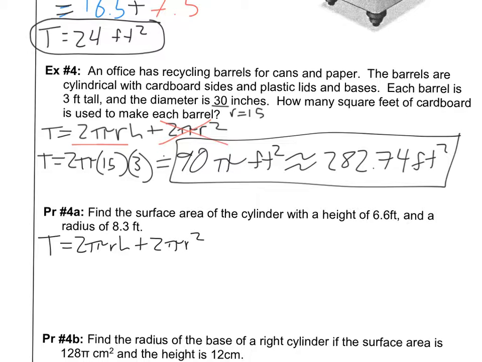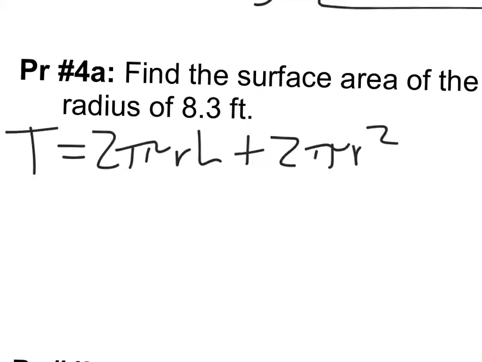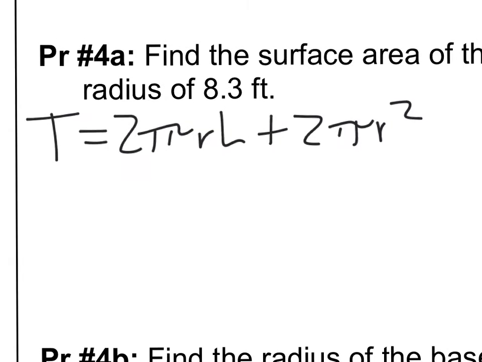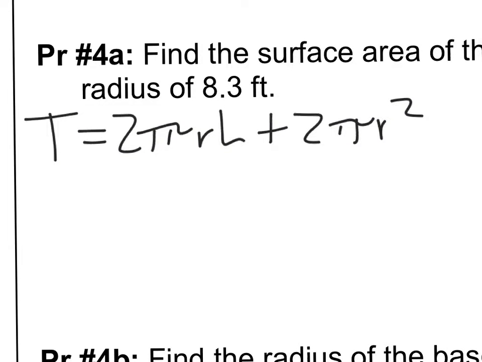And what you might have noticed is that there's two forms of this formula. Well, one form, and I think it's sometimes a little bit easier to manage, has some factoring in it. So we could rewrite this if we could take a 2 out of both terms, put a 2 out front. We could take a pi out of both terms, put a pi out front. We could take an r out of both terms, put an r out front.